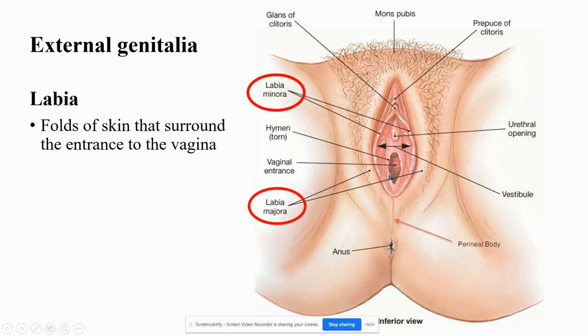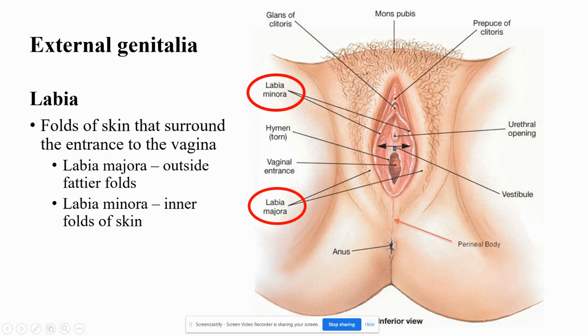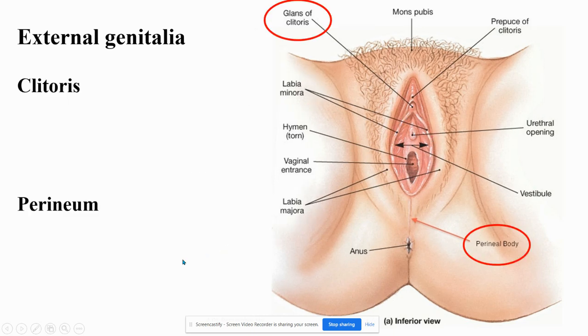And as you see, this right here is the hymen, and it's saying it's torn, so it's perforated. So something has been inserted or it has just been born this way. So labia majora are the outside fattier folds, with more adipose tissue in them, whereas labia minora, these thin little folds, are just skin tissue.